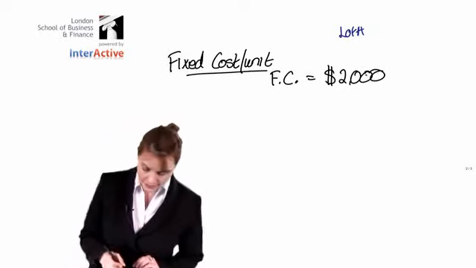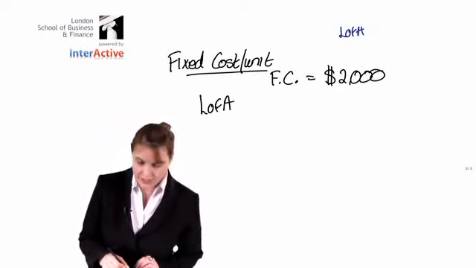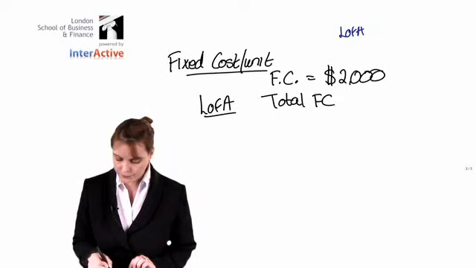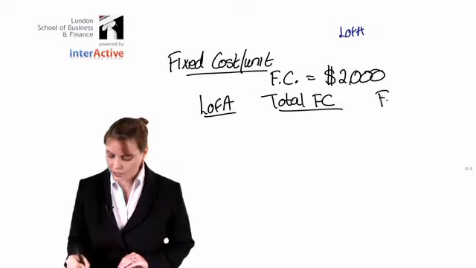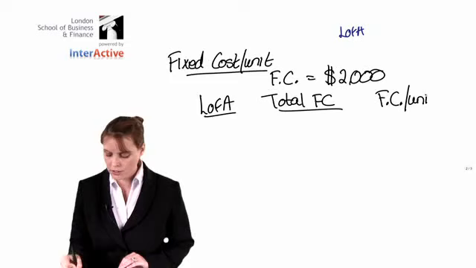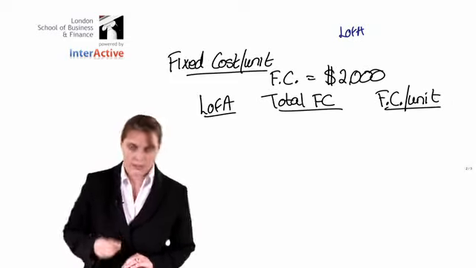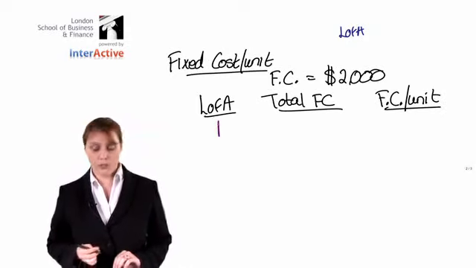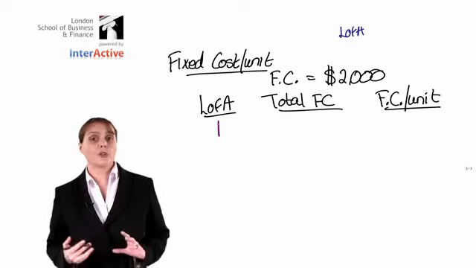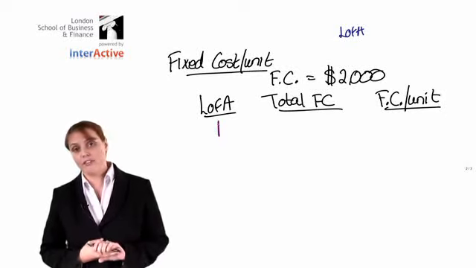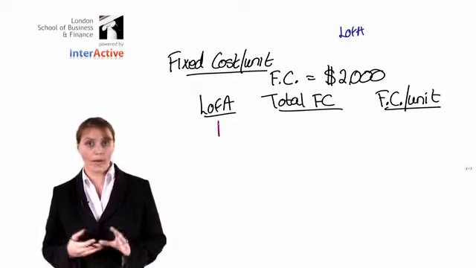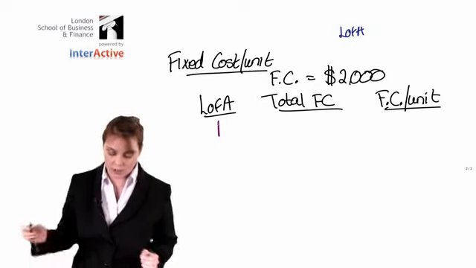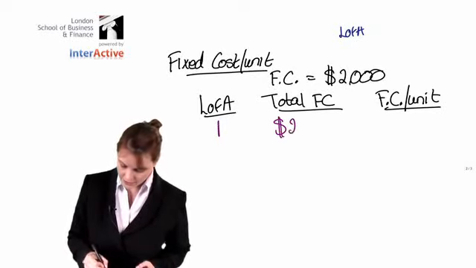What we want to look at then, for a number of different levels of activity, is what the total fixed cost will be, and what the fixed cost per unit will be. Let's start with a level of activity of 1 unit. If we produce 1 unit, what will our total fixed cost be? Well, remember, our fixed costs remain constant in total terms, so they'll be $2,000.